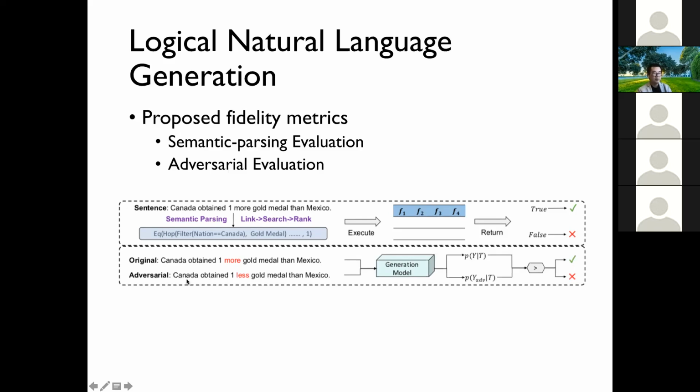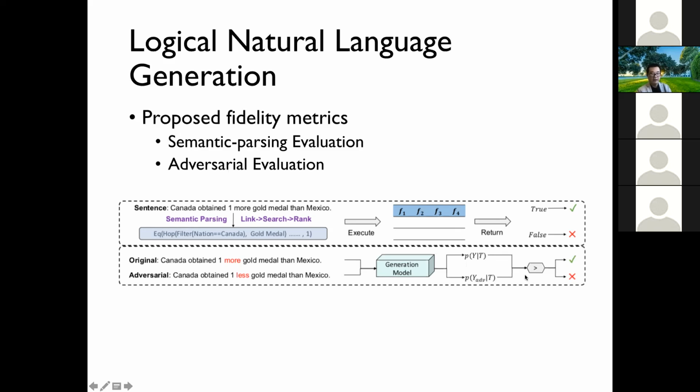So this becomes an adversarial example that is obviously false. So you can send both of these two sentences into your generation model, let's say GPT-2, and then you can look at the probability of the correct sentence conditioned on the table, and the probability of the adversarial sentence conditioned on the table.